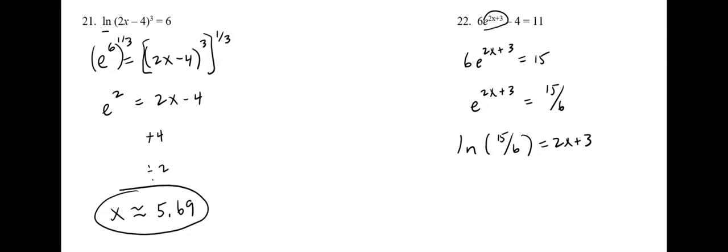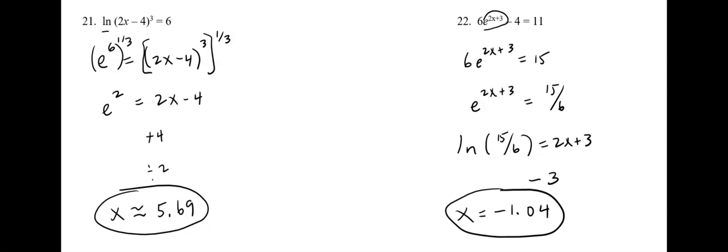It's 0.91629 and following. And then your steps from there will be subtract 3 from that number. Minus 3 equals. And then divide that result by 2. Divided by 2 equals. So final answer is negative 1.04 rounded to the nearest hundredth.